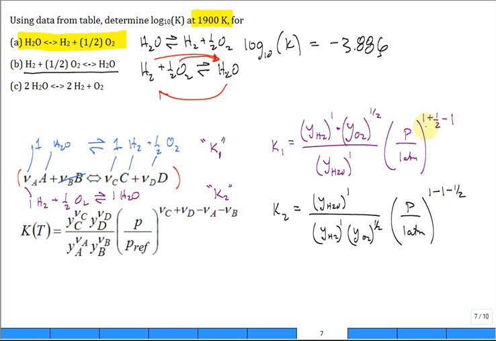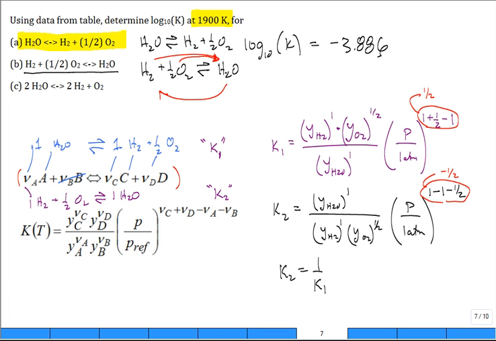If I simplify this, what does that simplify to? Positive 1/2. If I simplify this, this simplifies to negative 1/2. Can you see the relationship between the K's? K2 is equal to 1 over K1. Is that right?